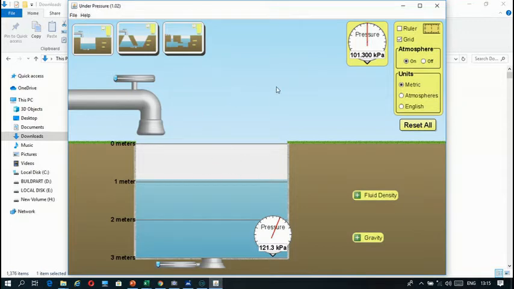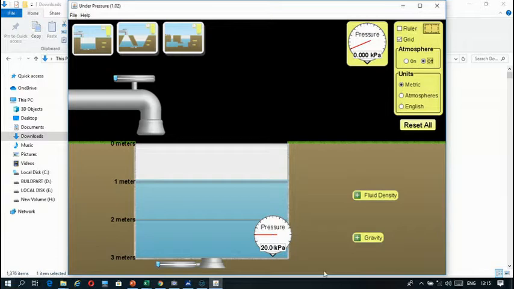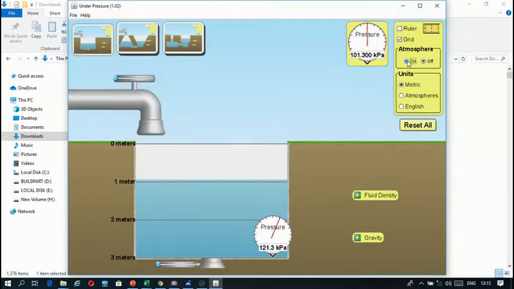Let's do away with the atmospheric pressure and see whether it can read the same answer here. Do it like that, you realize that pressure due to the liquid is only 20. If we put the atmosphere on, the pressure will be 121. So there is 100 that has come in due to the atmospheric pressure.